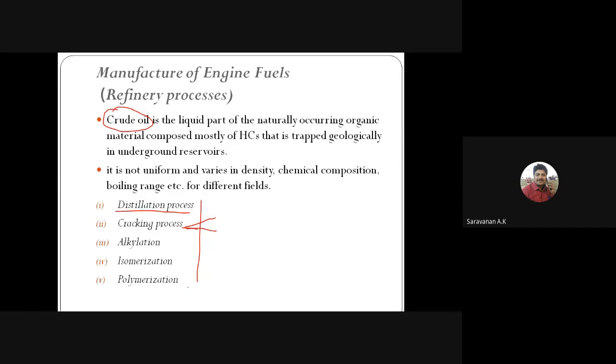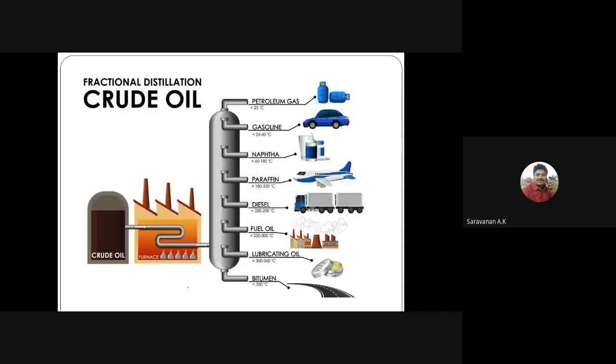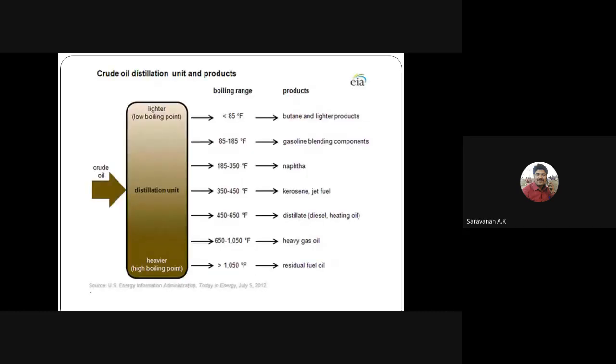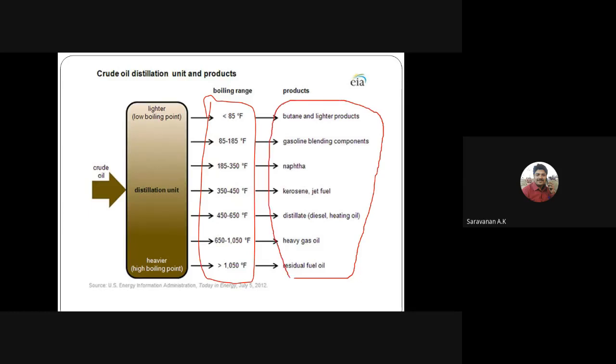Due to these processes, we can get different types of products, depending upon the boiling temperature of the crude oil. At every temperature we can get a useful product, right?